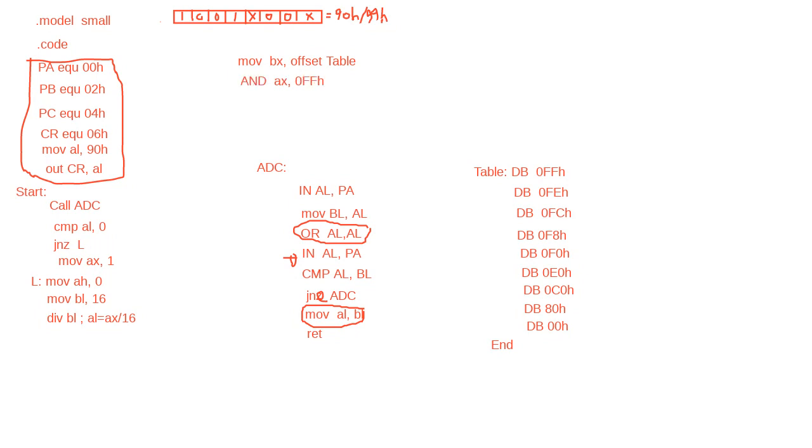I will discuss why we actually perform the logical AND operation here. Then comma AX, MOV SI, AX.